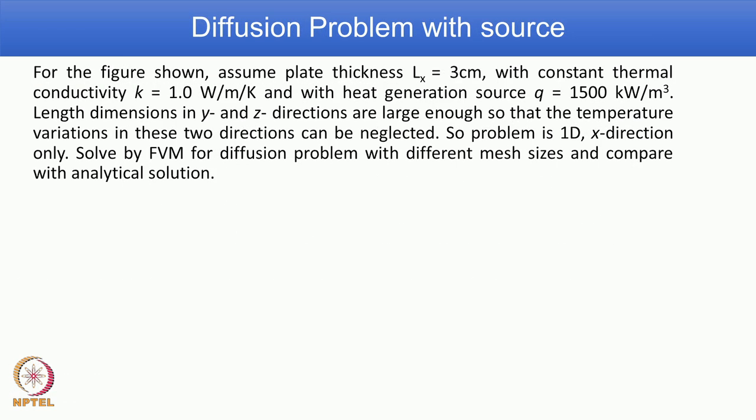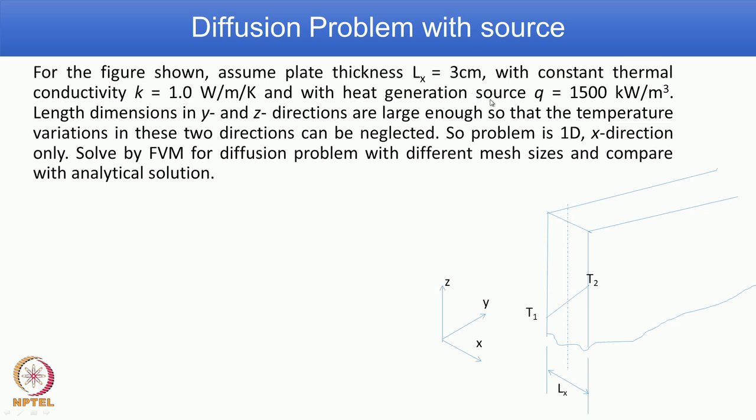What we have done in the example problem is without a source term. So, you can try this problem with the source term. In this case the figure is shown, Lx is the length because it is 1D, in the x direction, and there is a temperature distribution from one side to the other side. The k value is given, the length is given.